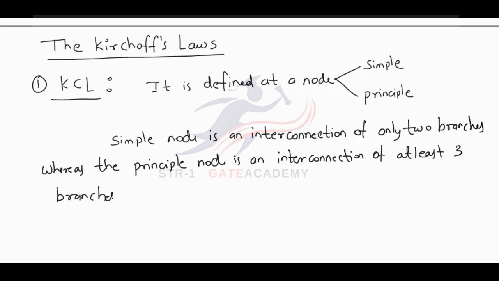So it can be more than three branches also. So we have defined a simple node and a principal node here. So simple node has only two branches, whereas a principal node will have more than two branches. It must be minimum three.